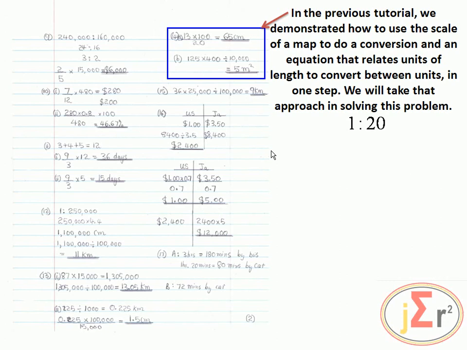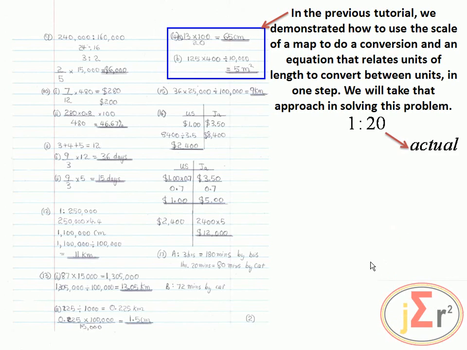In the first part of the problem, we need to determine the length of a path that is given as 13 meters, and that is 13 meters in actuality, and we are required to use that scale and convert to measurement or distance on the map, and that on the map should be given in centimeters.